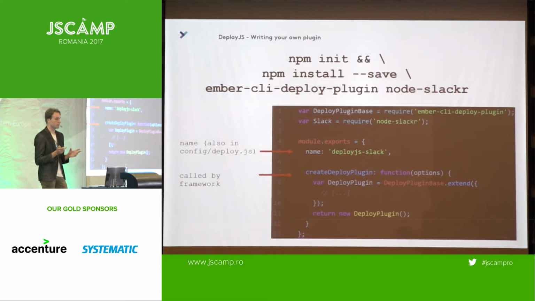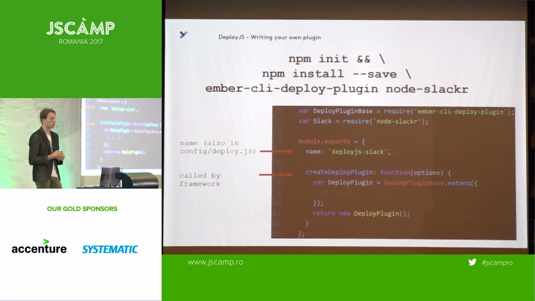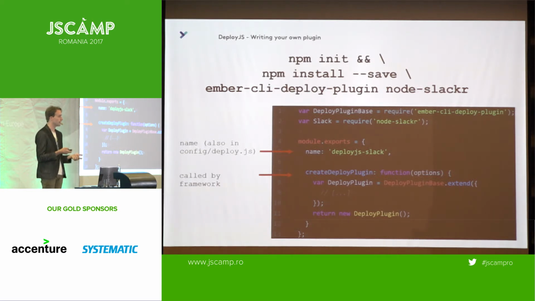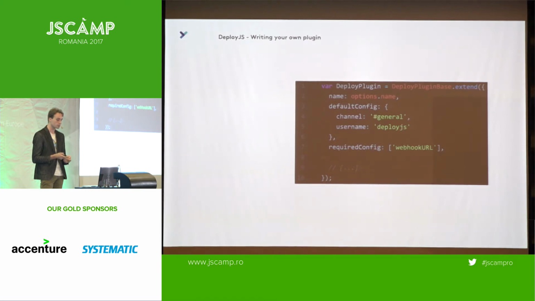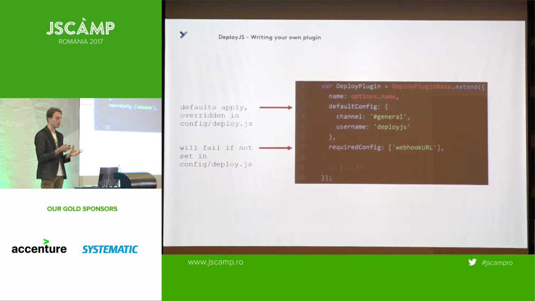The name is the name that is specified in the DeployJS configuration file, so that there you can set settings like which channel to post it to, etc. And the create deploy plugin function is called by the framework to get back the actual plugin. These default config values can be overridden in the configuration file, but by default this would post to the general channel with the username DeployJS. But something that you would have to configure if you want to work with Slack is that you need to set up the webhook URL to which it would post the notification.